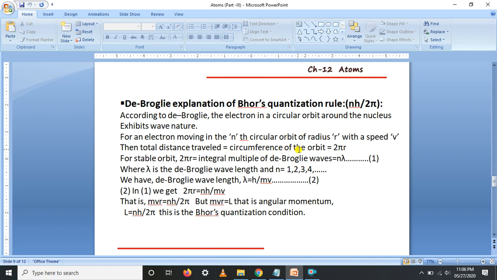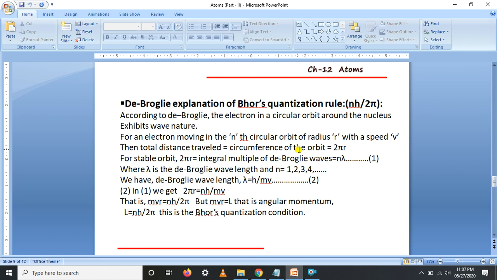So whenever the electron is moving in the nth circular orbit, n may be any number, and suppose it has radius r and moves with speed v, then the total distance traveled is obviously the circumference of the circle, because it is a circular orbit, and that is equal to 2 pi r.